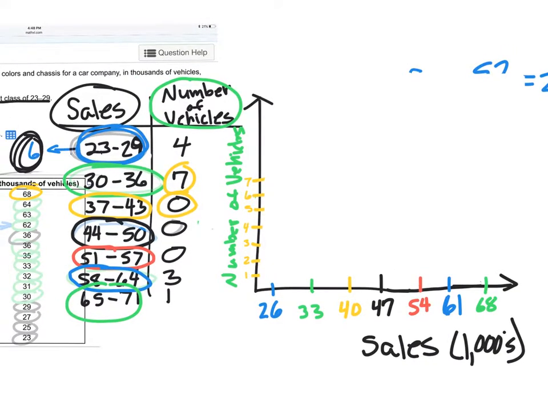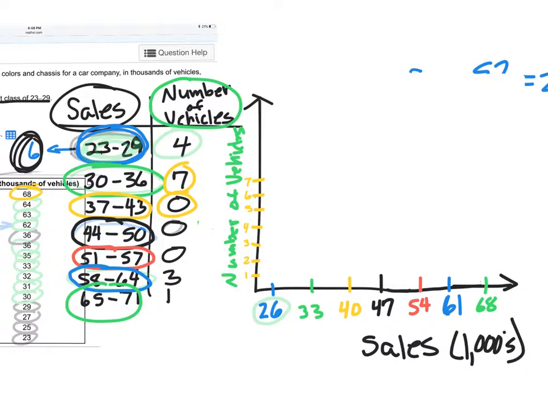So, for example, we'll look at our first one. And I know this is kind of getting a little bit cluttered here. Sorry, guys, I've got an awful lot of writing here at this point. But my first interval from 23 to 29, of course, is going to be right here at the midpoint of 26. So I'm going to construct a bar over that midpoint, and the bar needs to be as high as the number of vehicles that fell in it.